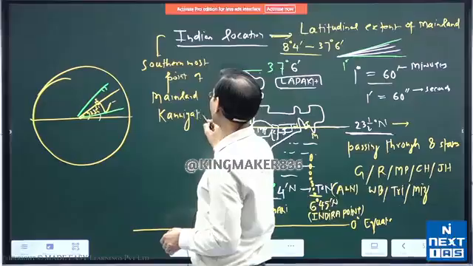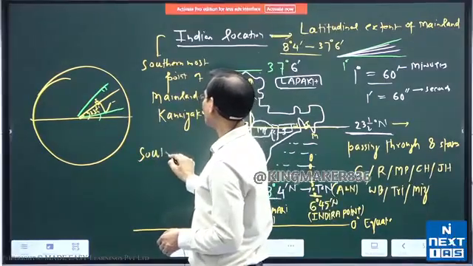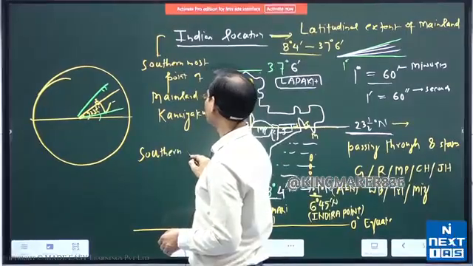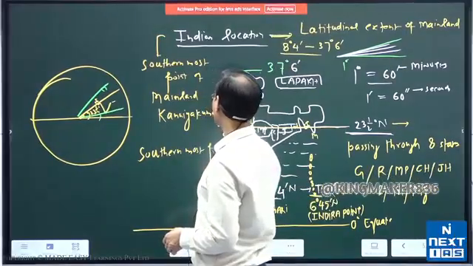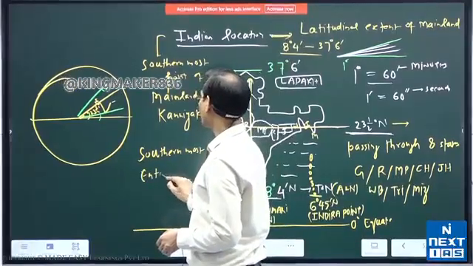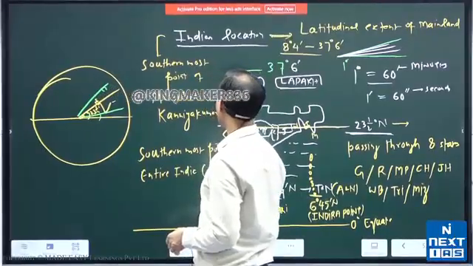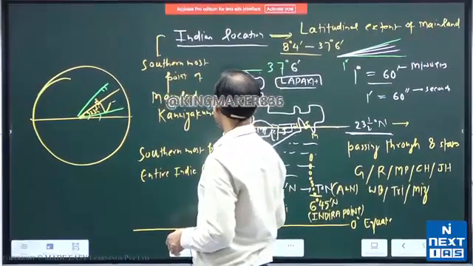But what is the southernmost point of overall India, including island points, entire India including even island area? Indira Point.